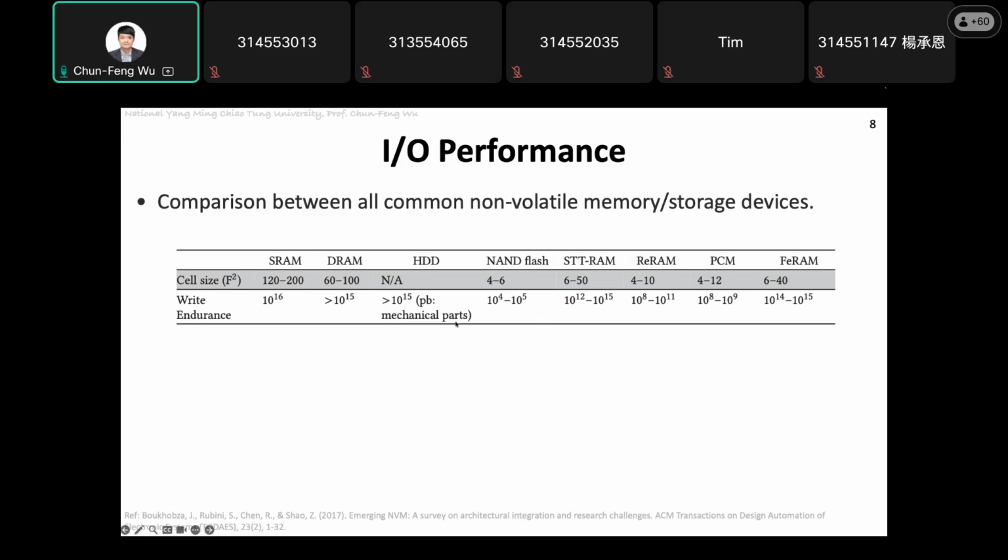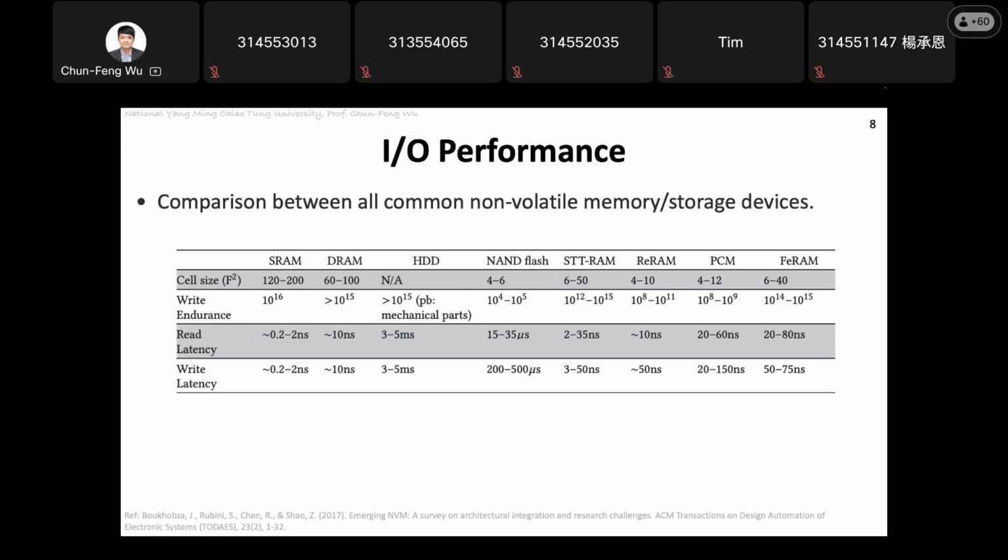For SRAM and DRAM, people usually don't talk about write endurance because it is like 10 to the 15, which is super huge. Even DRAM is 3 orders smaller than NAND flash in some respects, but it doesn't really matter because the endurance for DRAM is 10 to the 10 times healthier than NAND flash. Okay.